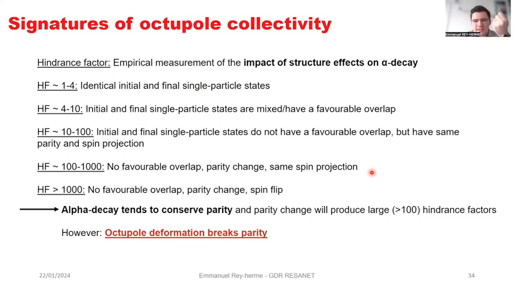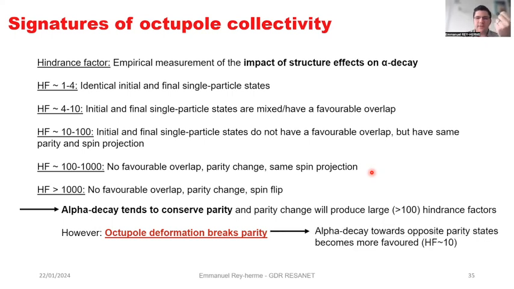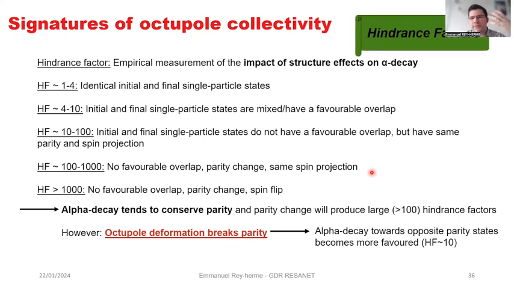And thus, in the case of octupole deformation, alpha decay toward opposite parity states becomes more favored than in the case without octupole deformation. And the hindrance factor in these cases will be typically around 10 for a transition that changes parity. So here we have a second signature of this octupole collectivity in the change of parity, in a transition changing the parity with low hindrance factors.